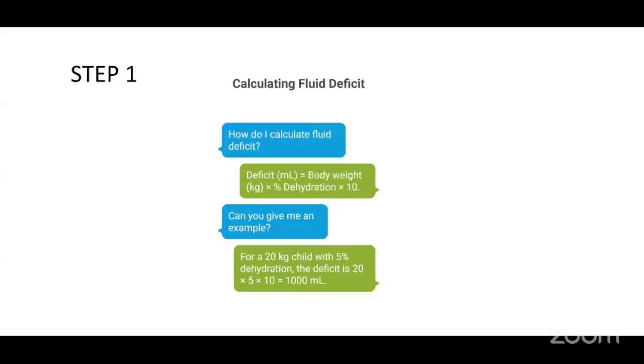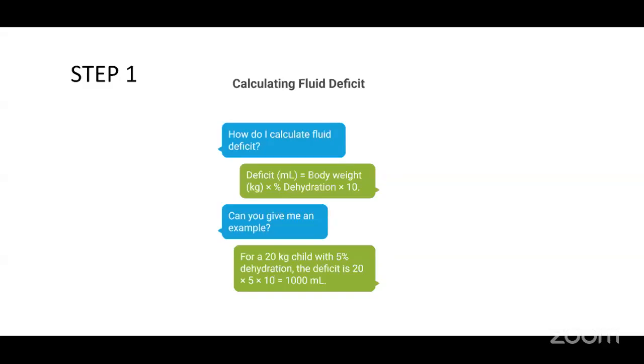Now you have to adjust the fluid deficit calculation. What do you mean by that? 1000 ml minus 200 ml, that was the bolus that was given, is 800 ml. So this 800 ml should be replaced. How should it be replaced? Evenly over 48 hours at a rate of approximately 17 ml per hour.